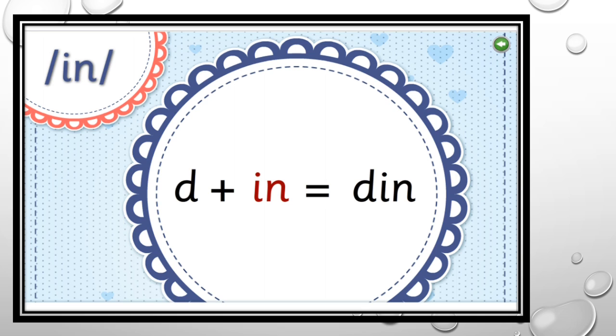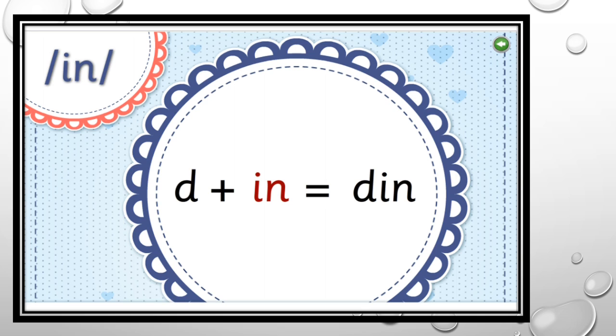The meaning of din is a loud noise which is unpleasant to listen to, which is not good to listen to.